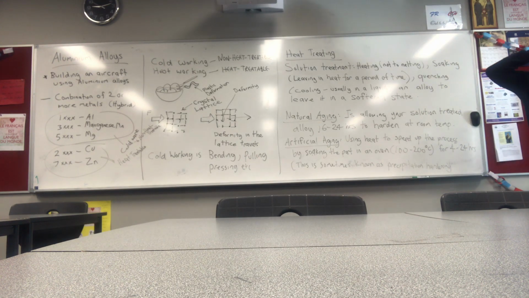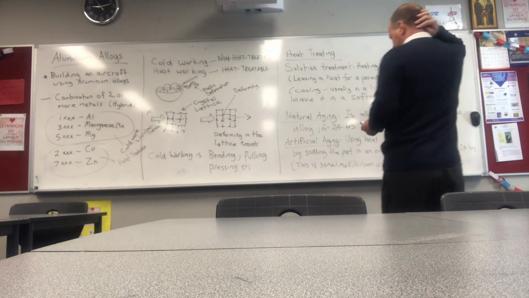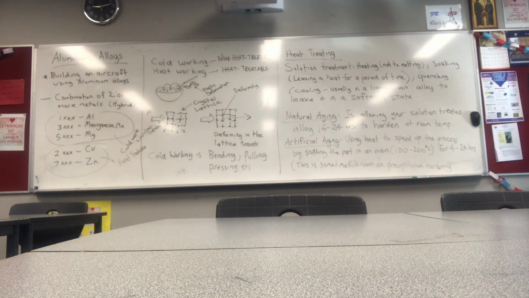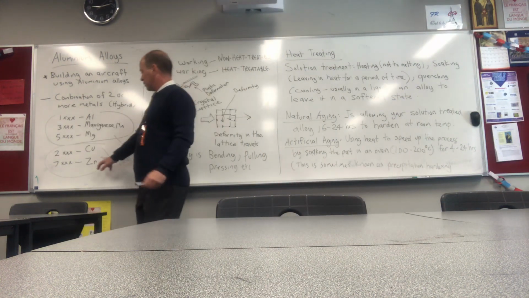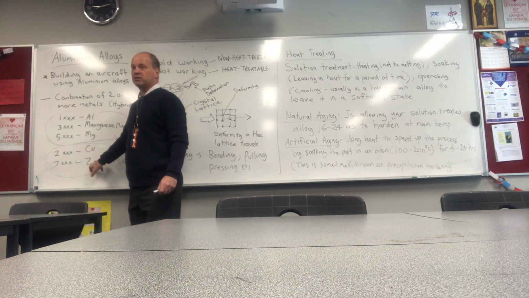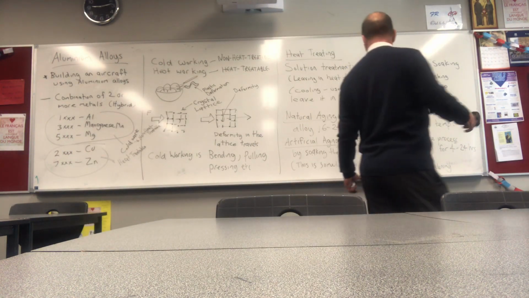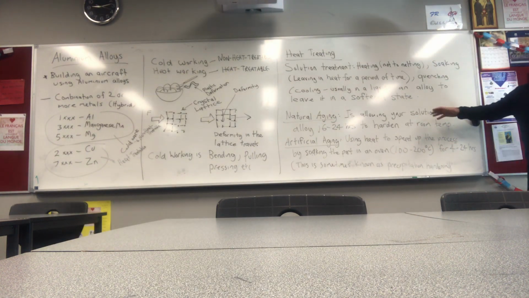So would there be a difference in the result between natural aging and artificial aging? That's a really good question. I'm sure that there's differences in how they behave. I'm pretty sure that the precipitation heating happens with these. I'm sure it happens with this one here, the 7 series, which is really strong. So I would say that for the really strong ones, they're actually using the oven process.